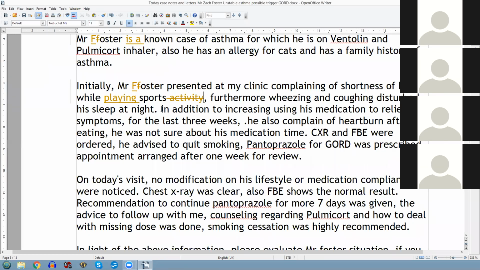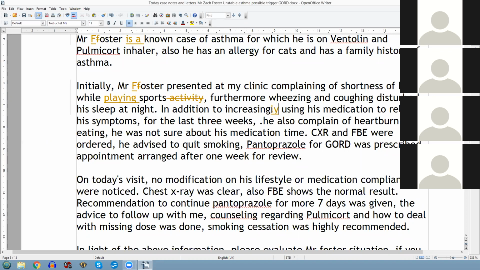And what is this? In addition to increasing, using? Well, if you've got a verb here, this would have to be an adverb, increasingly using, or increasing his usage of medication. So we wouldn't just use it like that.